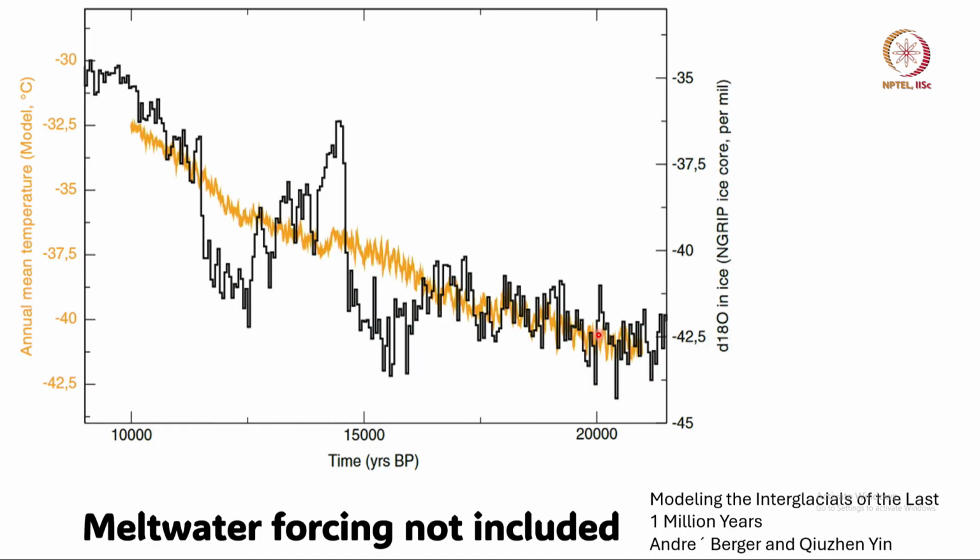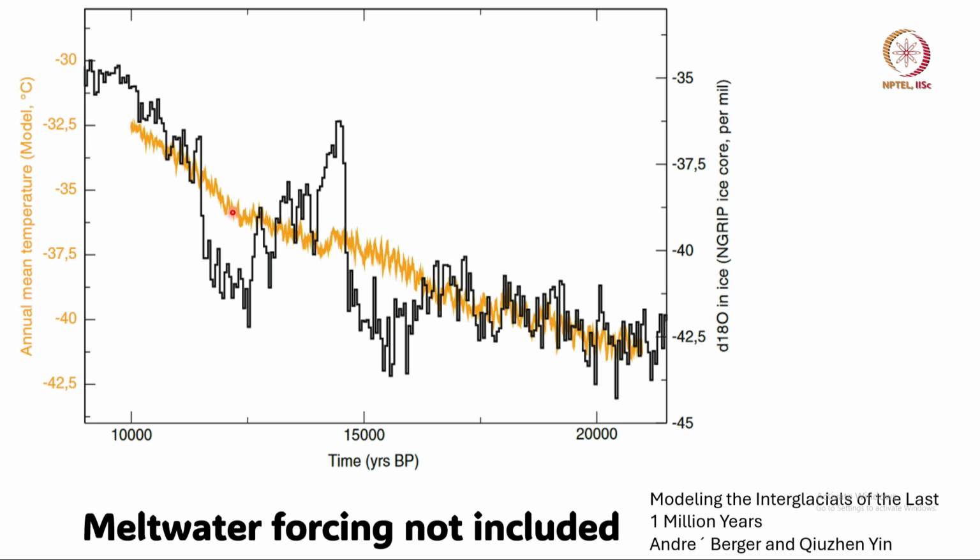Now, I want to show another simulation here and data. The data is in black, based on oxygen isotope 18 data in ice in Greenland, and the orange line is the simulation for the last million years in a model which did not include meltwater forcing. You see, the meltwater forcing is not there.